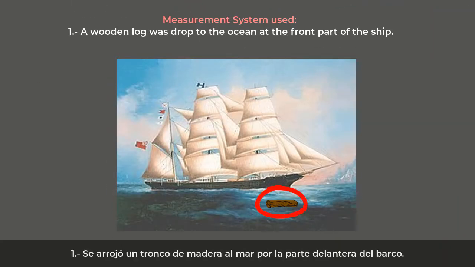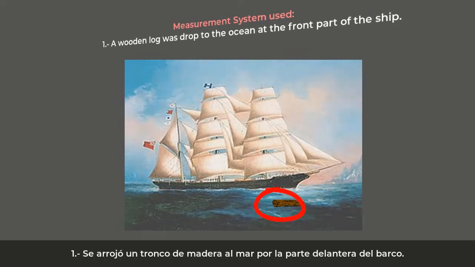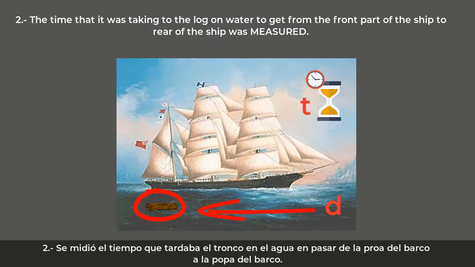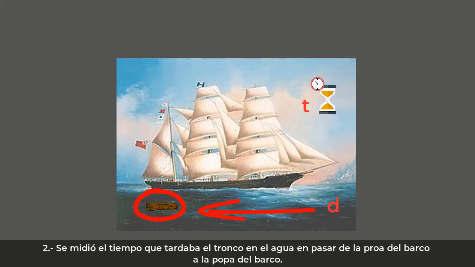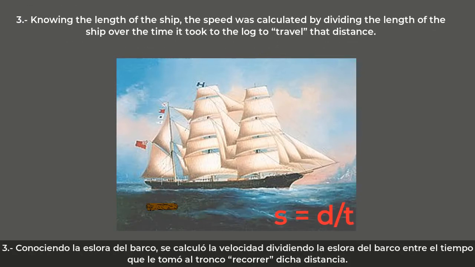A wooden log was dropped to the ocean at the front part of the ship. The time that it took the log on water to get from the front part of the ship to the rear of the ship was measured. Knowing the length of the ship, the speed was calculated by dividing the length of the ship over the time it took the log to travel that distance.